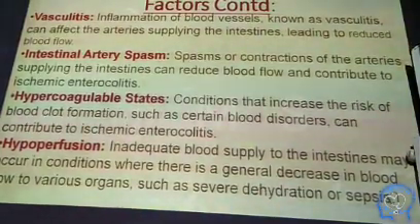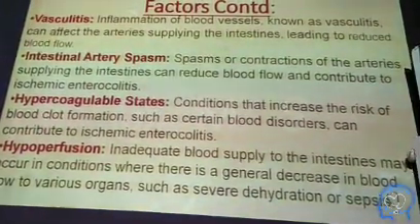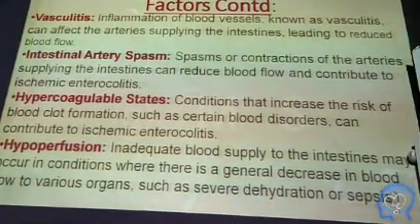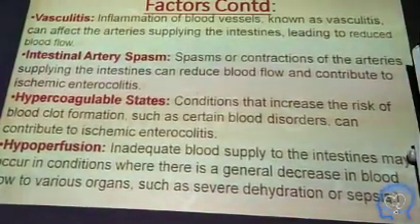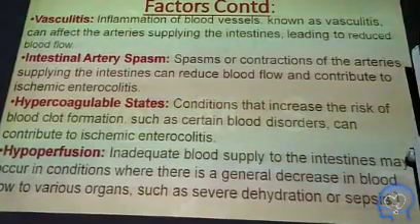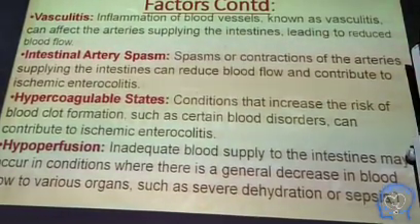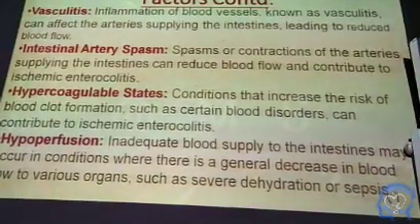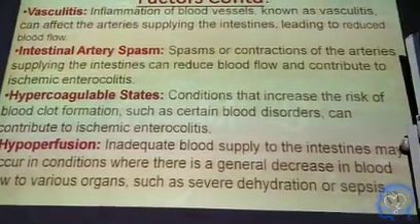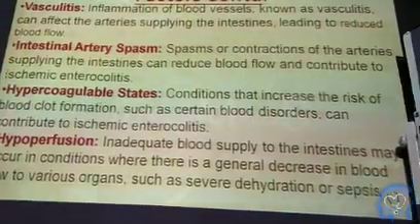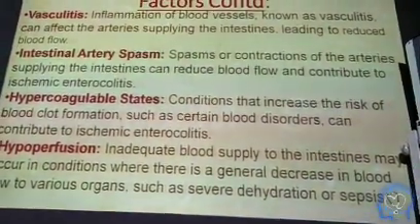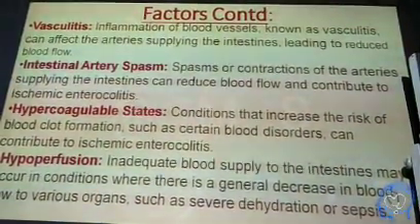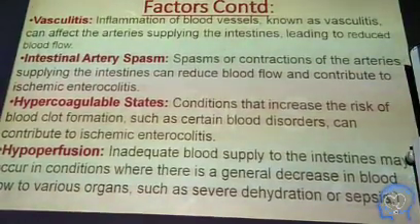Vasculitis, infection of the vessels themselves, also ends up cutting the blood supply to the intestine. Then there are mesenteric artery spasm and hypercoagulable states. Certain blood disorders can contribute to ischemic enterocolitis.